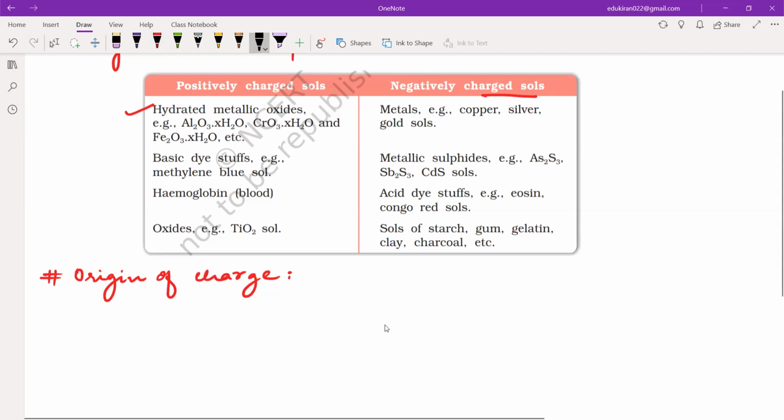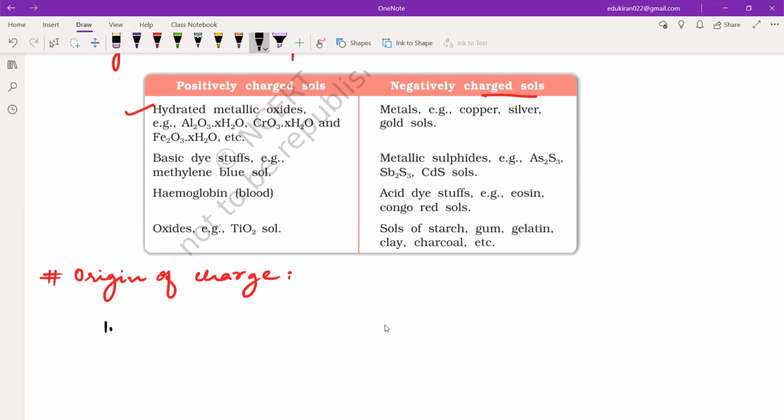The first source of origin of the charge is friction between the colloidal particles and the dispersion medium. Whenever you have some type of friction, static charges are formed. You must have seen those experiments in your childhood: when you rub a scale on your hair, there is some static charge, and you can pick up small cuts of paper.